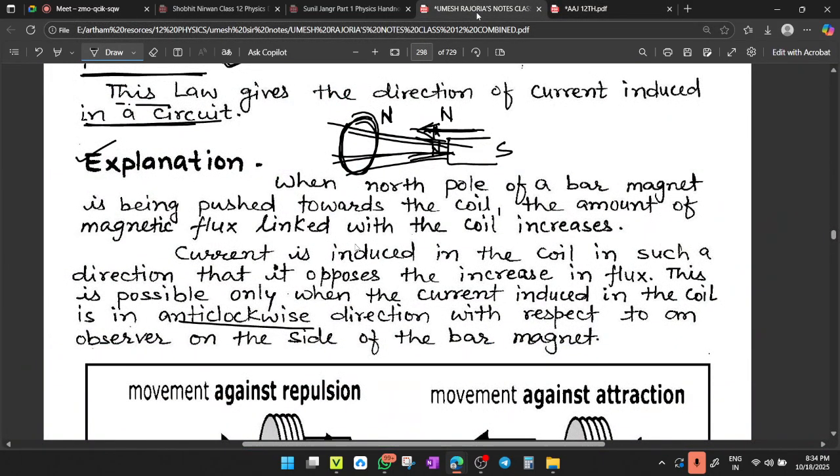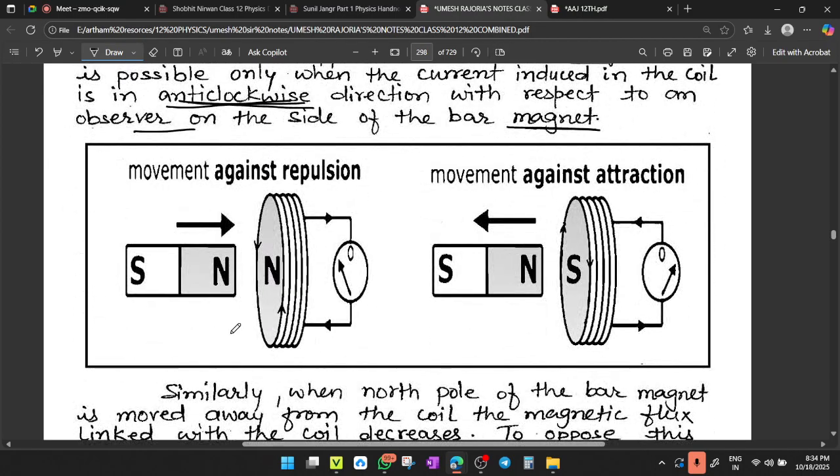Same thing is mentioned here. So current in the coil is in such a direction that it opposes the increase in flux, means the approach of north pole. This is possible only when the current is induced in the coil in anti-clockwise direction with respect to the observer on the side of the bar magnet. Clear, beta? Yes, see here.